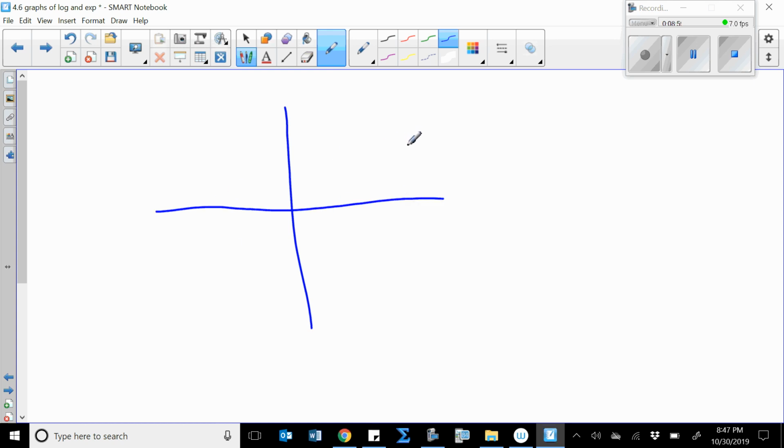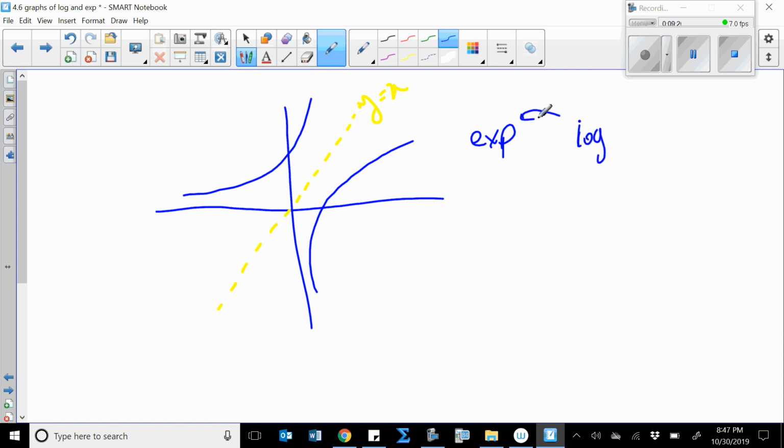So natural log or log base 2 looks something like this, and 2 to the power of x looks something like this. As you notice, these two functions are reflected over y equal to x. That means these two functions are inverse of each other. So we can always say exponential and log functions are inverse of each other.